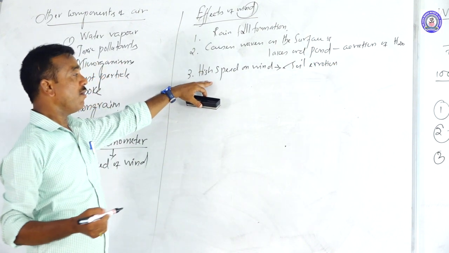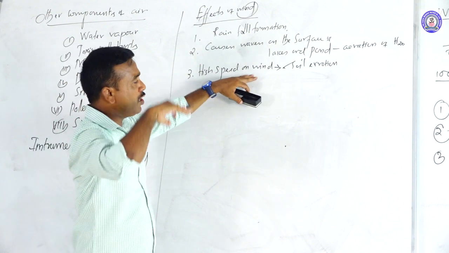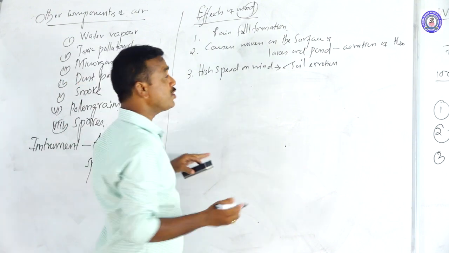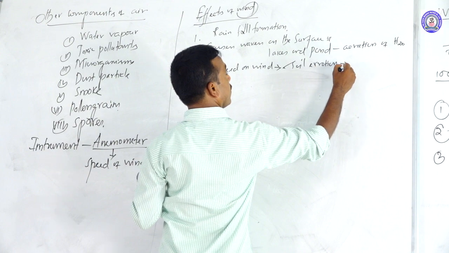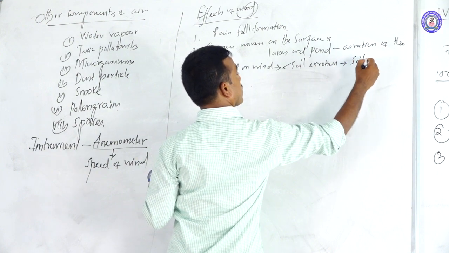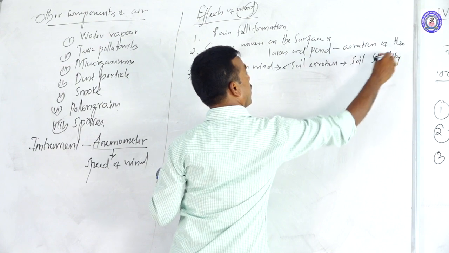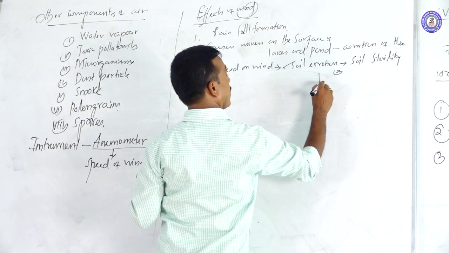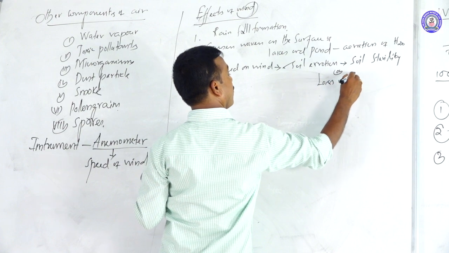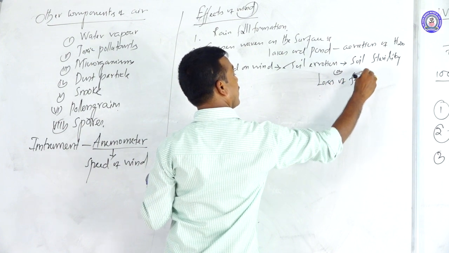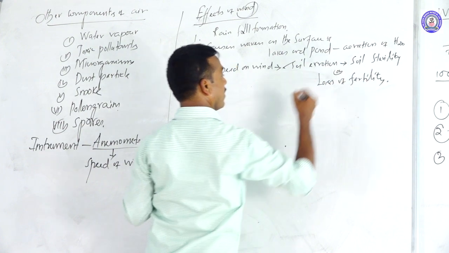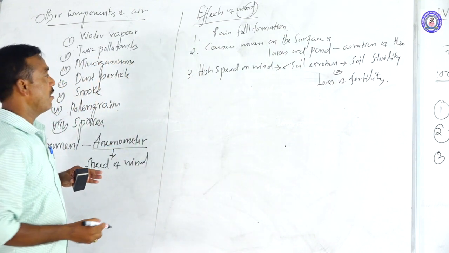If high speed wind takes place, soil erosion will happen, which leads to soil sterility, also known as loss of fertility. This is the third effect.